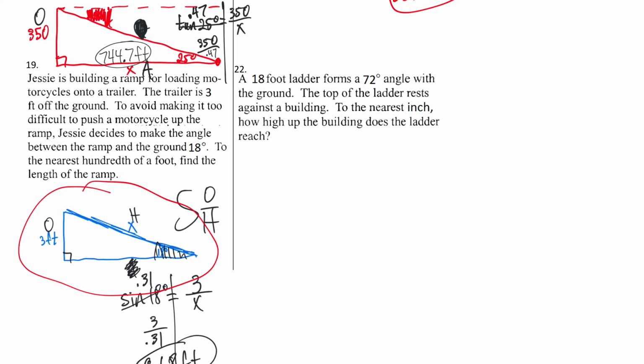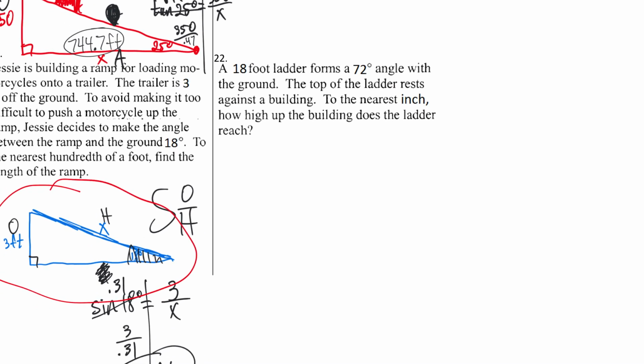All right, this last one, number 22. An 18-foot ladder forms a 72-degree angle with the ground. The top of the ladder rests against a building. To the nearest inch, how high up the building does the ladder reach? Okay, so there's a couple things we've got to think about here, but first of all, we've got this ladder that's leaning up against the wall here, and it says that this ladder is 18 feet.